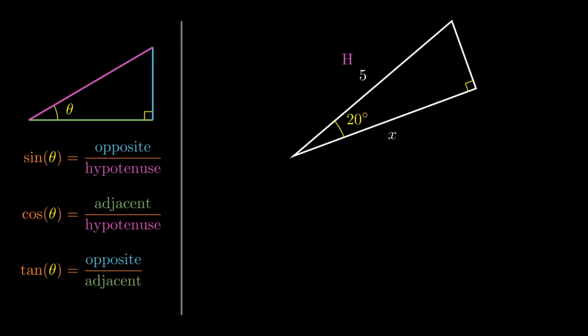Then I like to go for the opposite next, so we shoot across from that 20-degree angle that we've been given. And we find that this blank side is the opposite. We'll just write O for short. And the final side must be the adjacent, so we'll write an A there. Next thing is to see which of these sides we're interested in.